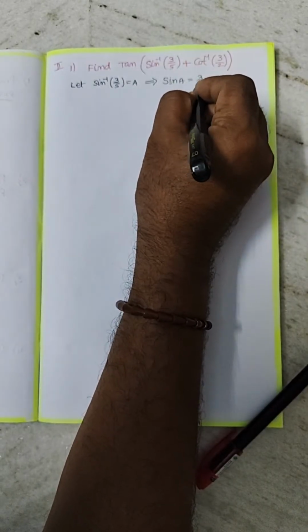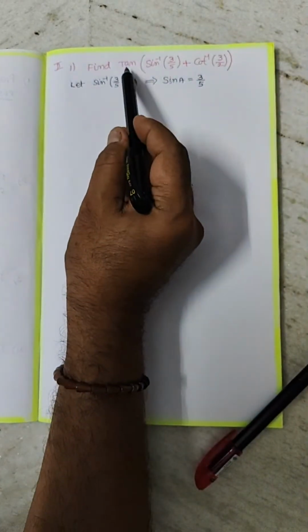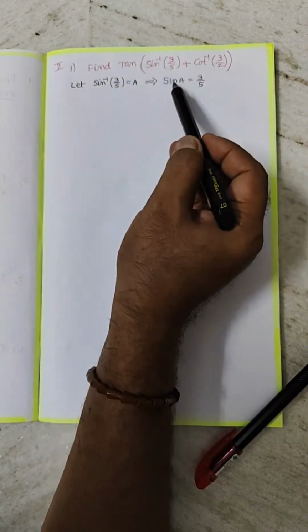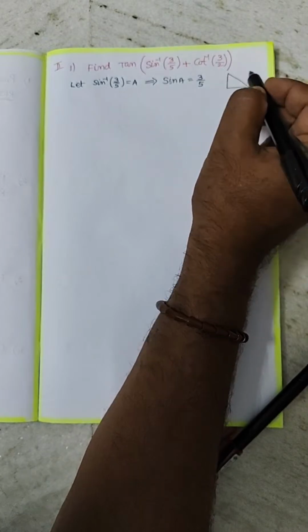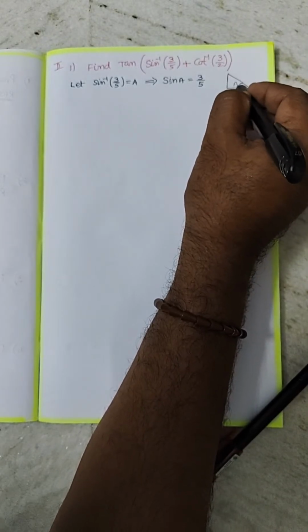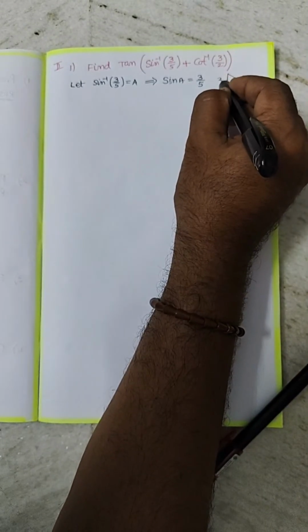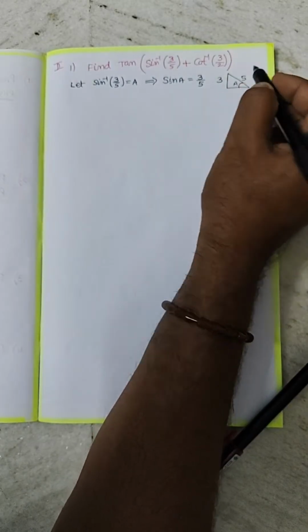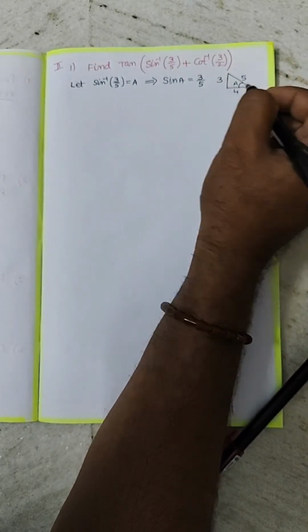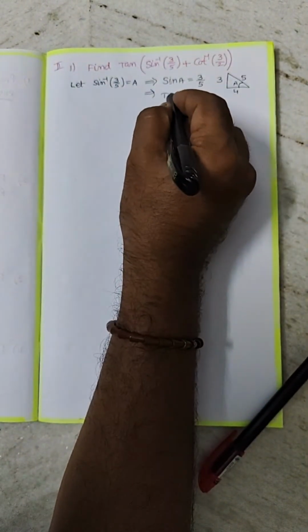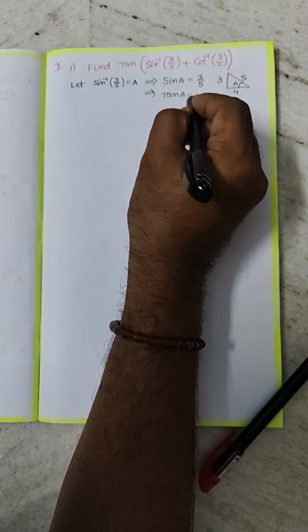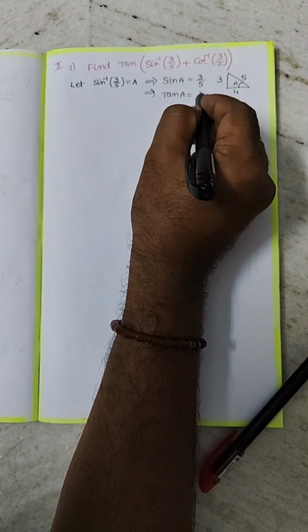You remember, dear students, here in the brackets tan is there, sine also. In terms of tan you have to convert. So how to convert? By drawing a right angled triangle. Here the angle is A, sine definition is opposite by hypotenuse. So obviously by Pythagorean triples, 3 4 5 will come. From this, tan A is opposite by adjacent side, so 3 by 4.